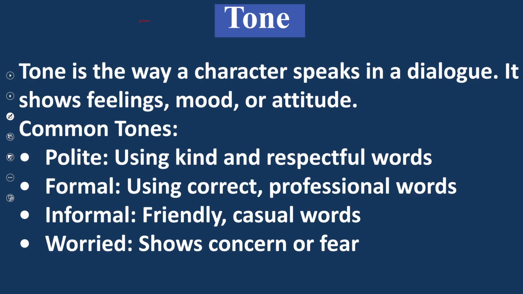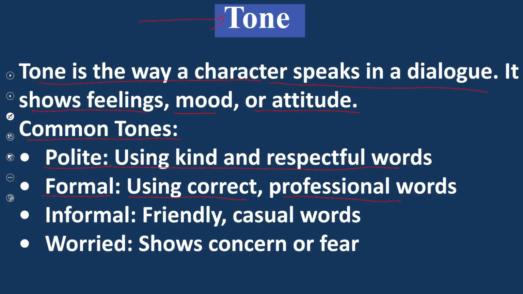Yes, tone is also a very important part of dialogue writing. Tone is the way a character speaks in a dialogue. It shows feelings, mood, or attitude. Common tones: polite, using kind and respectful words, that will be called polite tone. Formal tone, using correct professional words.